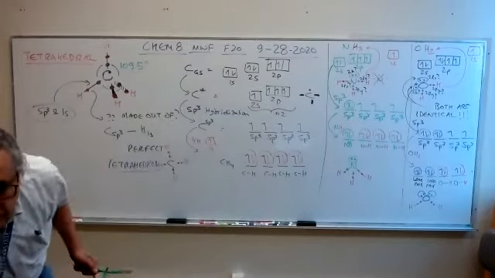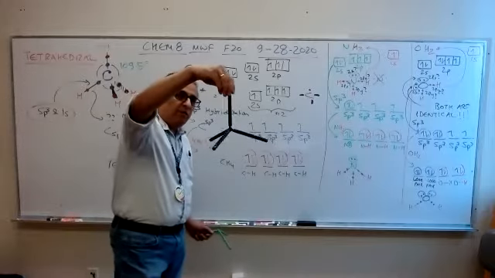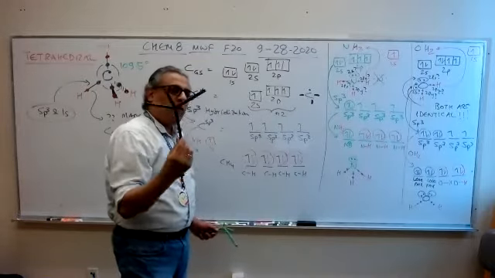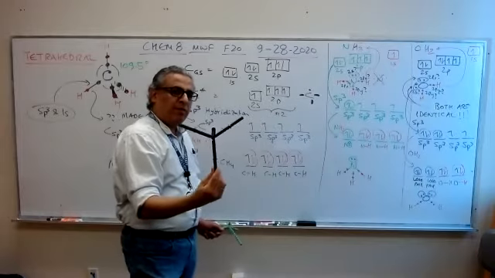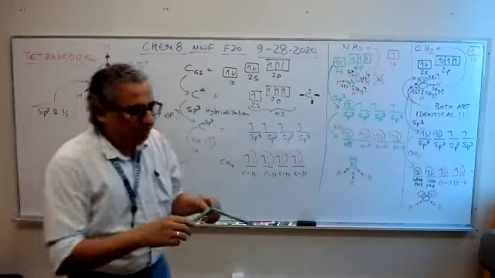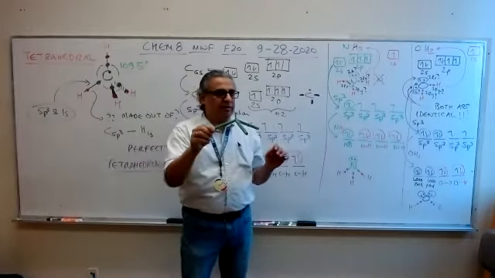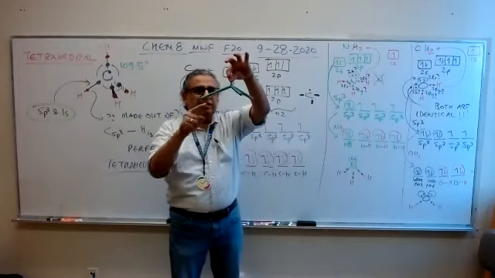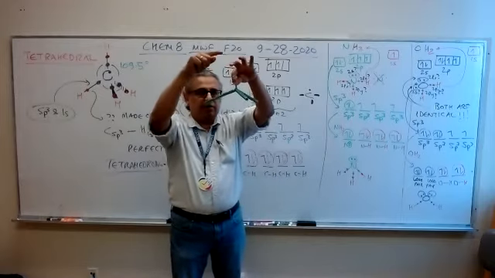This tetrahedron is perfect no matter how you look at it. All the bond angles are perfectly 109.5. This guy is not a perfect tetrahedron because it's got a lone pair. So 3 identical things, 1 something that's different.